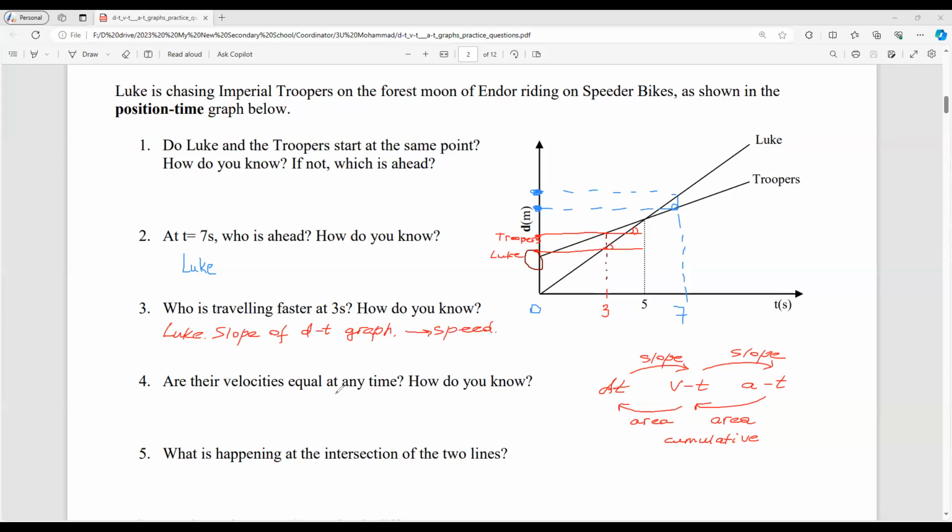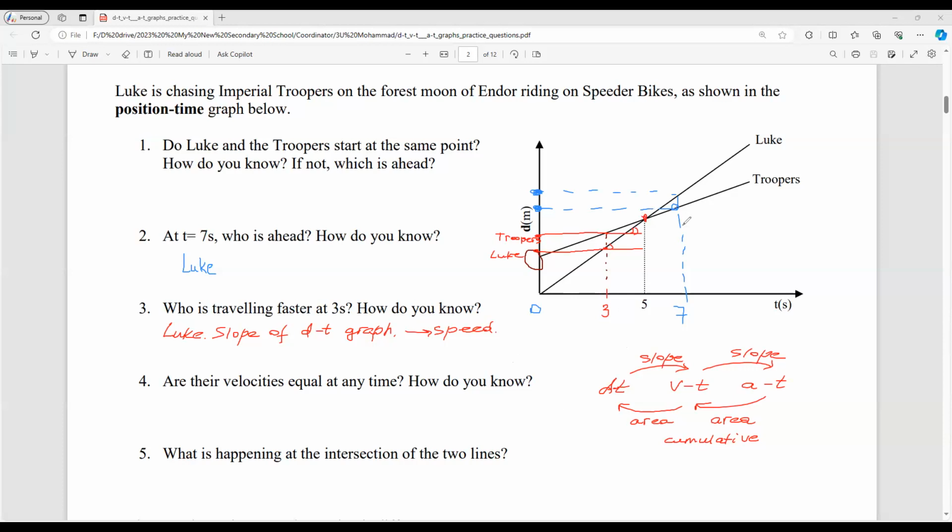Are the velocities equal at any time? How do you know? Do you think it is yes or no? And how can you tell? Yes, at the time they passed. But passing is the same distance. One is faster, one is slower. They pass by each other, say hi and bye, and continue to move with different speeds.